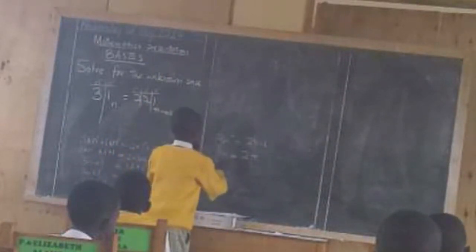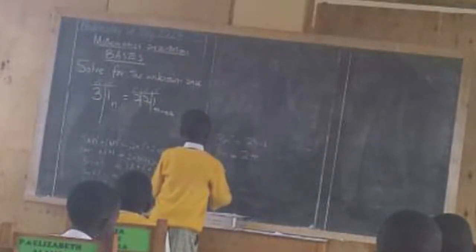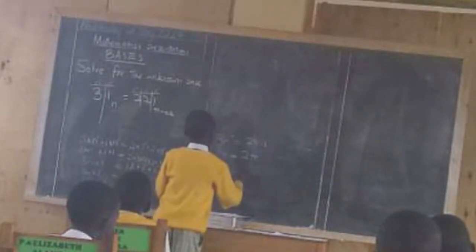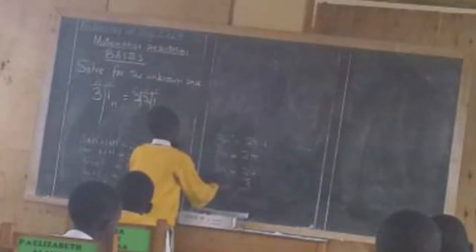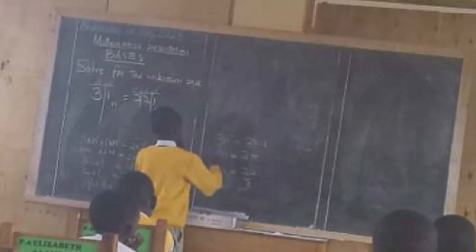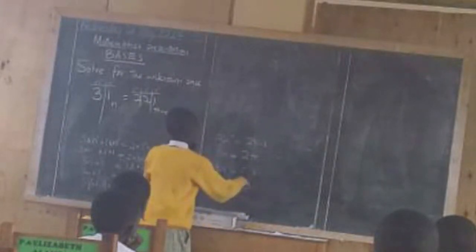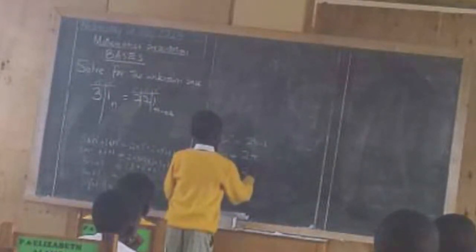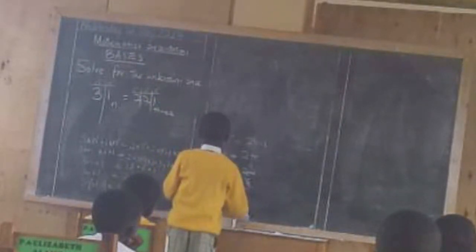We do not do it here, we do it on the next step. 3n over 3 equals 24 divided by 3. 3 divided by 3 once. 24 divided by 3, 8. N equals 8.